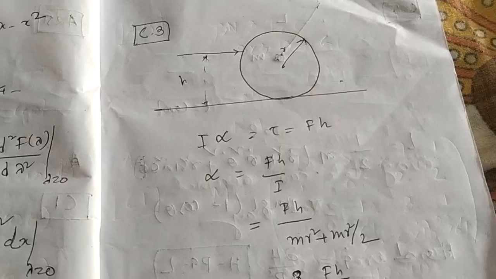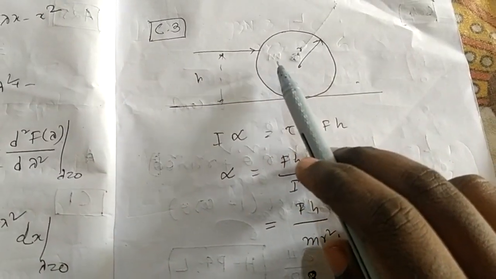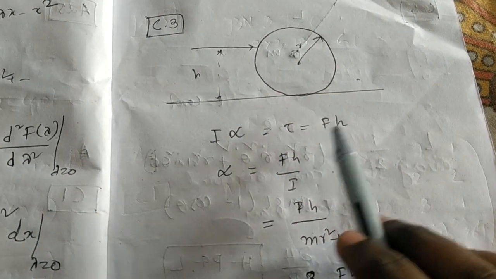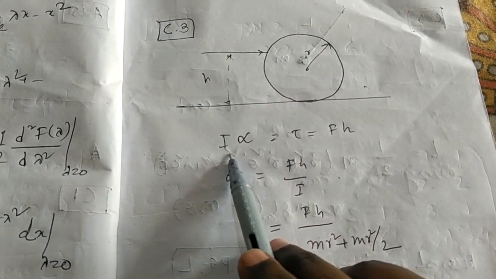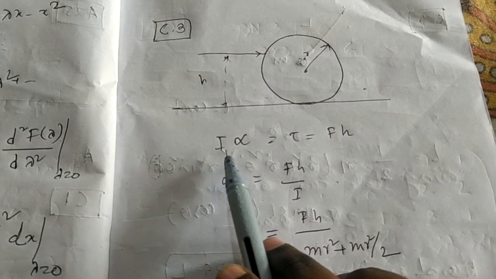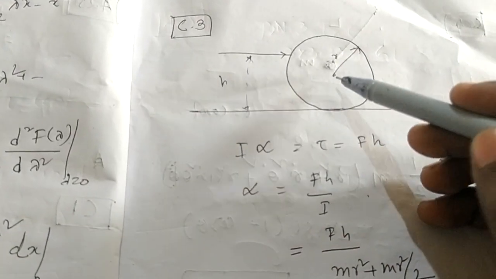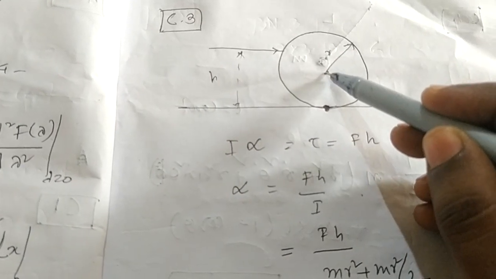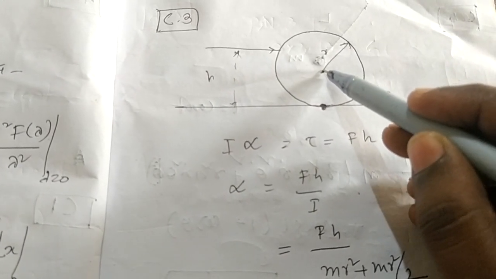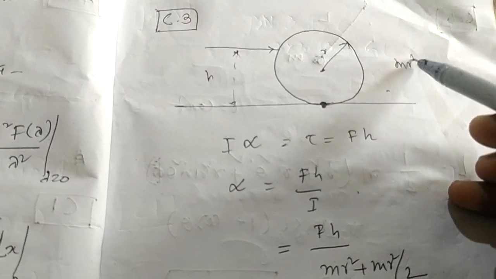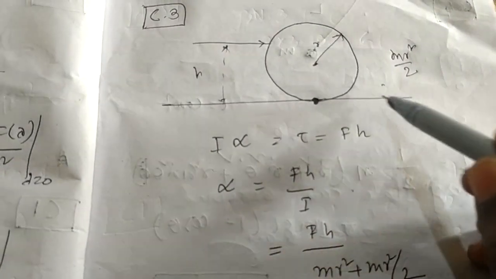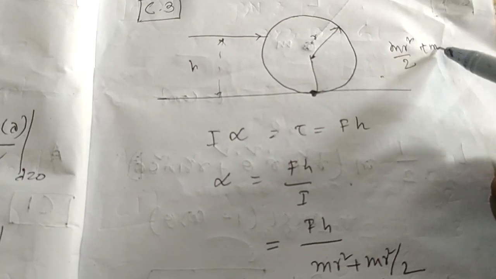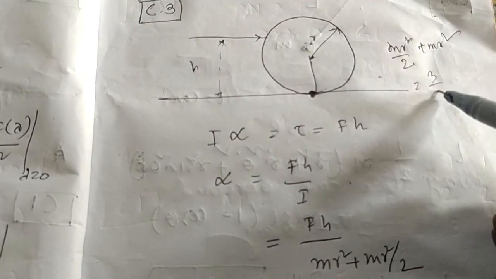Okay, the torque applied on this disk is F into h. This is Fh, which is equal to I alpha. What is alpha? What is I? I is the moment of inertia at this point. Through the center it is m r square by 2, and now at this point, adding m r square, that means 3 by 2 m r square.